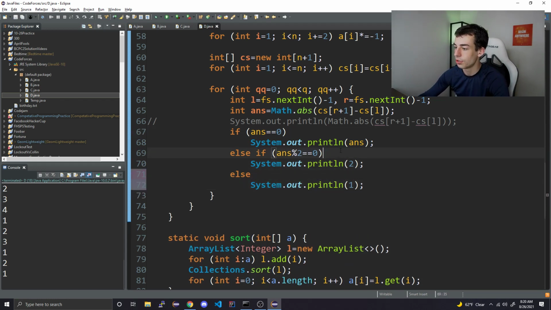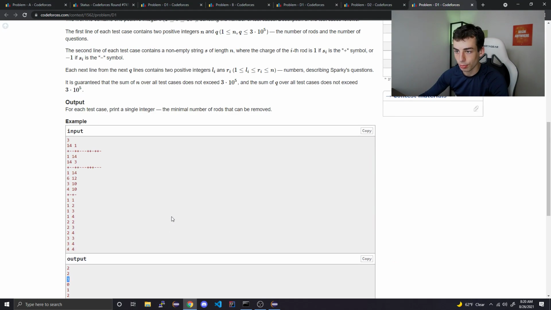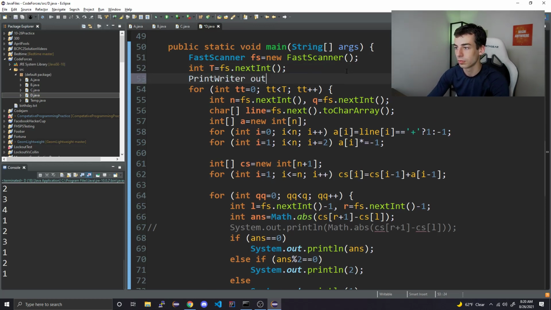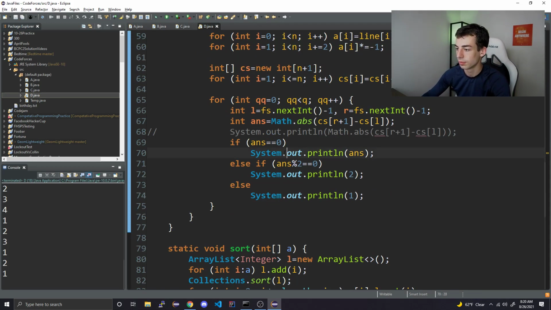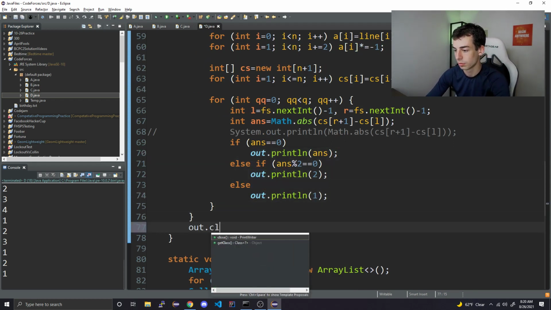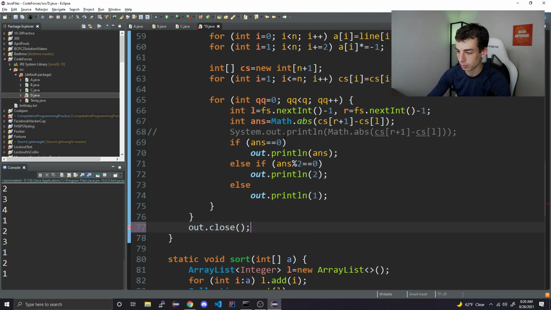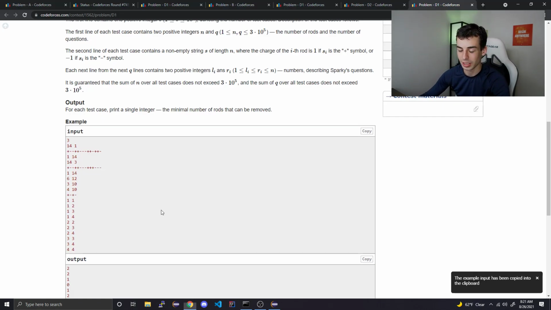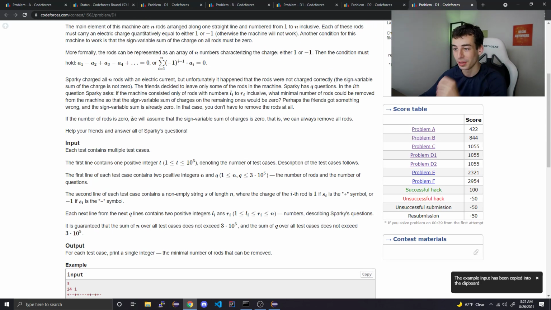Okay, so this should be right. Do we need a print writer? We do. All right, so that was a clever misinterpretation of the problem we had right there.